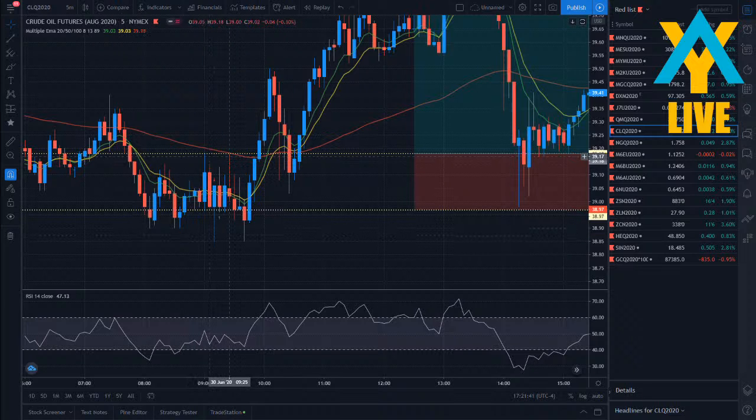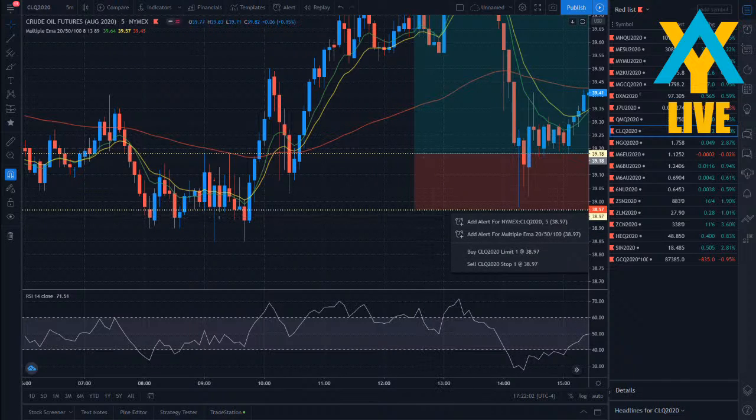It came right back to my stop and stopped me out immediately. And so this right here is a total of 38.97 to 39.18, a total of 19 points.